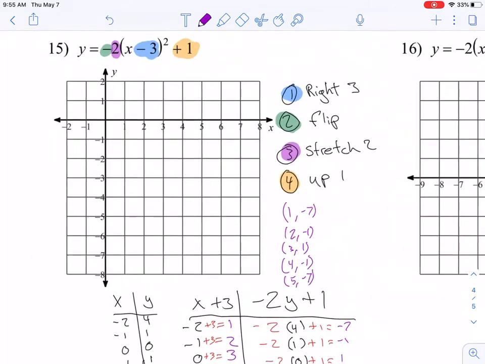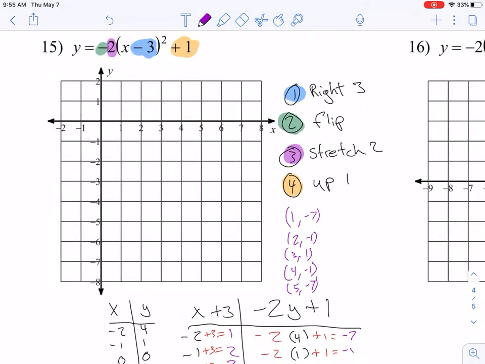So all that's left to do is plot these. I can go 1, negative 7 and put a point here. I'll go 2, negative 1 and put a point here.